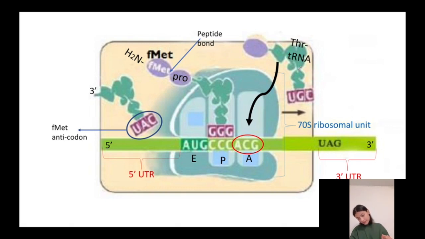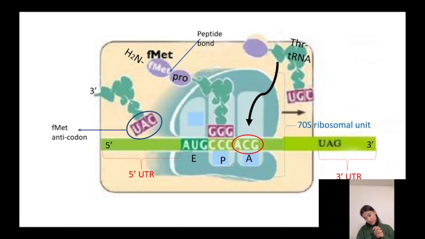In P, we ask you to identify the wobble position. The wobble position is the position at the 3' end of a codon. So if we think of a codon as being 3-letter, 5' to 3', the 3' end of that specific codon will be the wobble position.